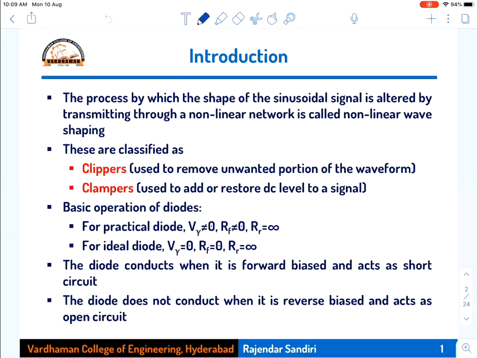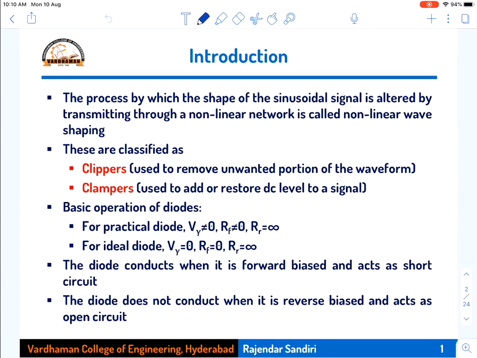So we connect the PN junction diode in different fashions in the circuit so that the output is altered compared with the input. The input is a sinusoidal signal, the shape of which is altered at the output, and that process we call nonlinear wave shaping.